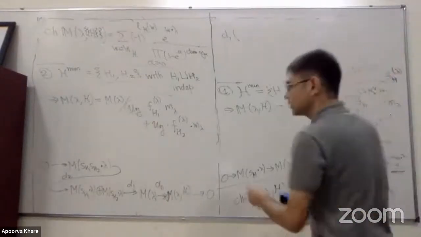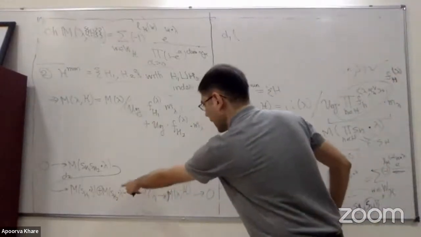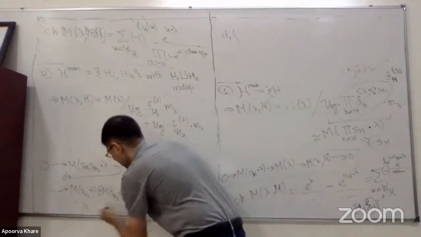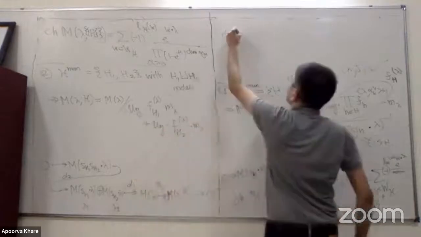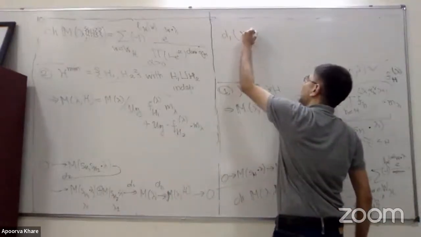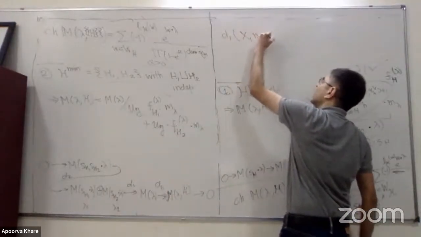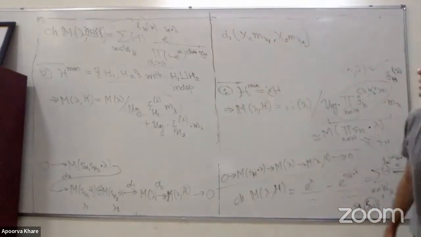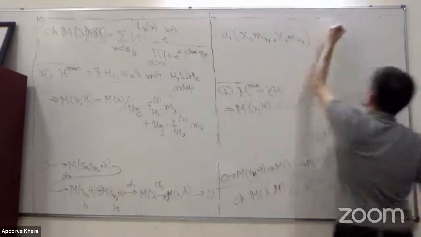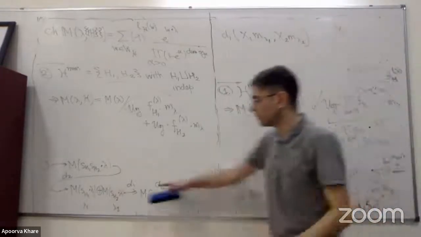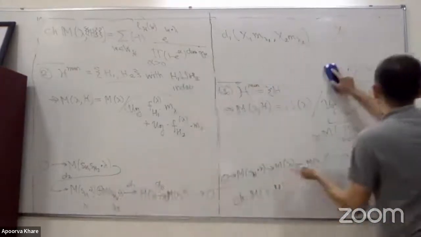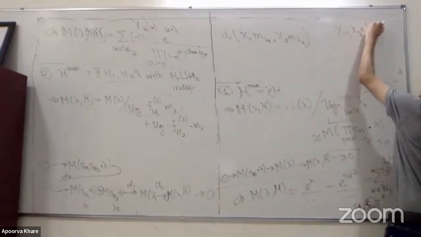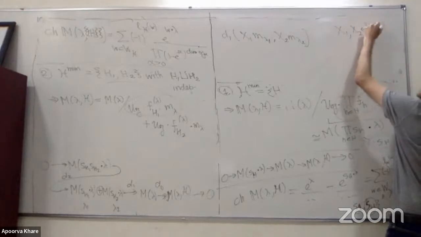So these are Verma modules. So let's call this lambda 1 and lambda 2. So D1 of x1 m lambda 1 and x2 m lambda 2, and so x1 and x2 are in U N minus. Every Verma module is freely isomorphic to U N minus.